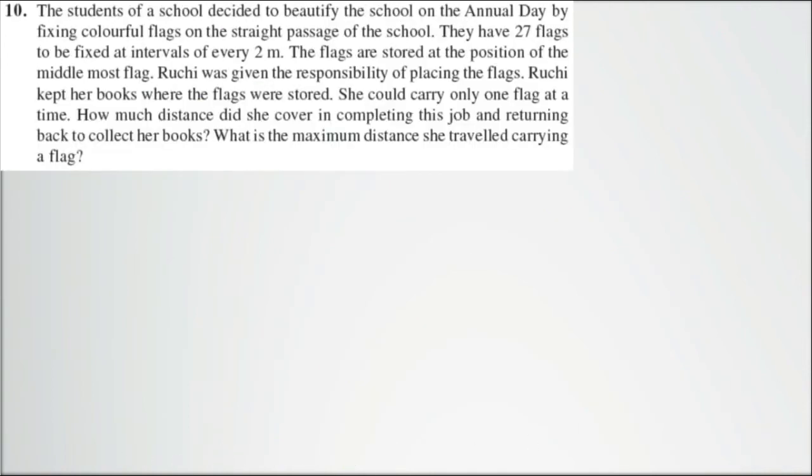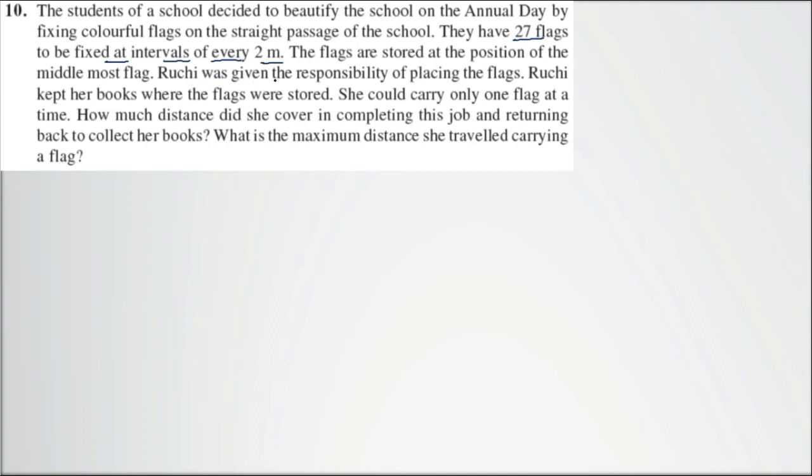Last question of the exercise, question number 10. The students of a school decided to beautify the school on the annual day by fixing colorful flags on the straight passage of the school. They have 27 flags to be fixed at an interval of every 2 meters. The flags are stored at the position of the middlemost flag.